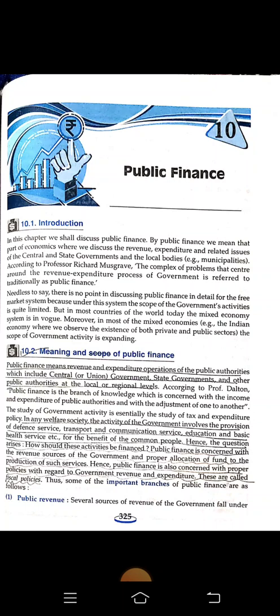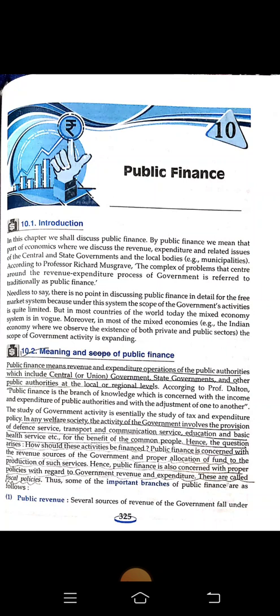So public finance means the revenue, that means the earning, and the expenditure of the government. Okay, so public finance means revenue and expenditure operations of the public authorities, which includes the central, that is the union government, and the state government, or any other public authorities at the local or regional level.